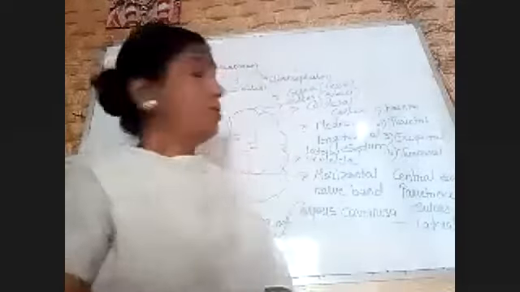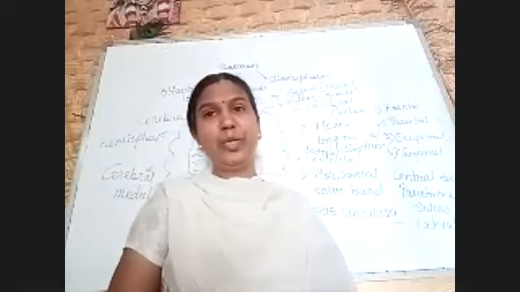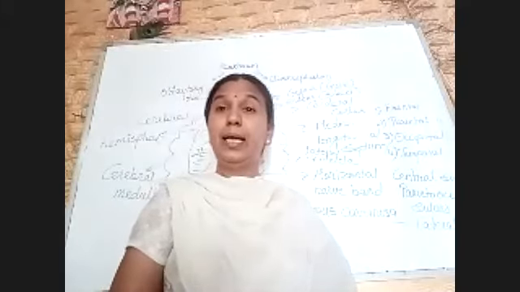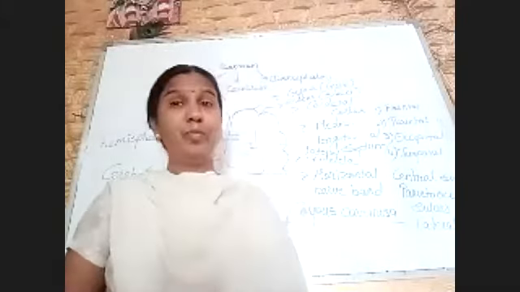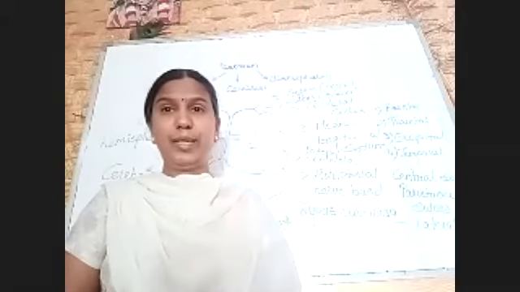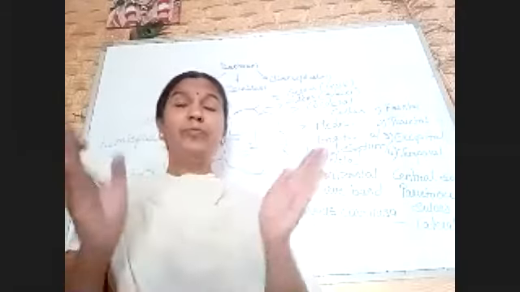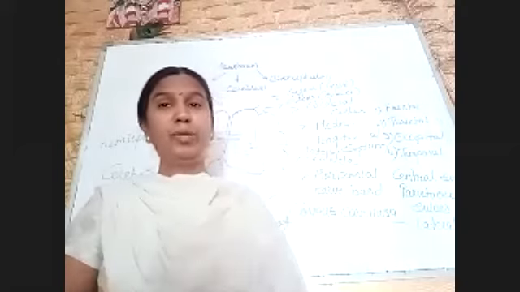As I have told you, the cerebrum is the largest part of the brain, so definitely it must have some important function, and it is a complicated part. As it is a complicated part, if the distribution of work is done in the proper way, proper functioning will be done.